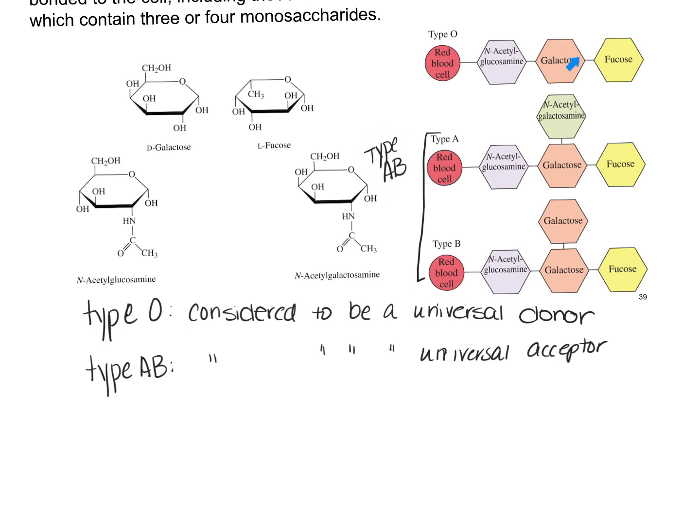But someone who's type O cannot accept blood from somebody who's type A because of this additional unit here. The body doesn't recognize that and will reject that blood transfer. And so these are examples of some of our oligosaccharides, which are really important particularly in blood typing.